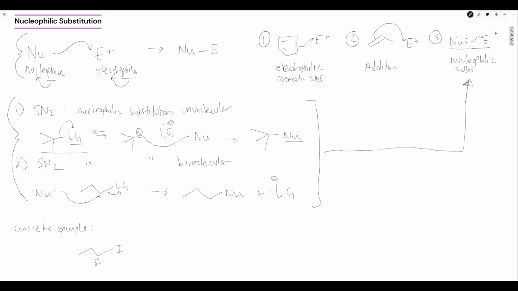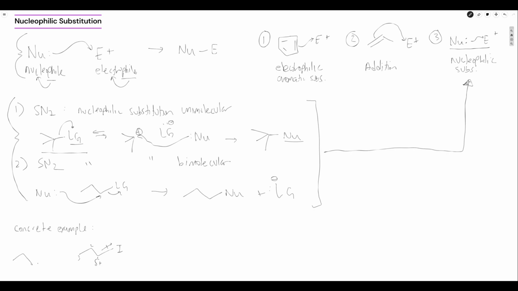Well, it's because the bond between C1 and iodine is polarized toward the iodine atom because the iodine is more electronegative. And so what that means is that the C1 carbon is electron deficient. The electron density in the bond is polarized toward the iodine atom, leaving a partial positive at C1.